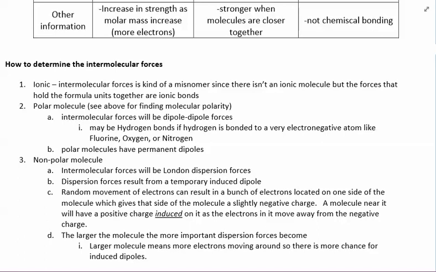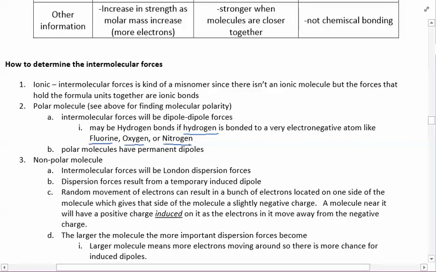The only time that you will have hydrogen bonding for us is if you have a hydrogen bonded with a fluorine, oxygen, or nitrogen, which is that NOF that I was referring to before. If it is a hydrogen bonded to one of those three and it's polar, it's a hydrogen bond. If it is hydrogen bonded to a carbon, or something else, it is not a hydrogen bond. And remember, that's an awful name. It's really not a bond.